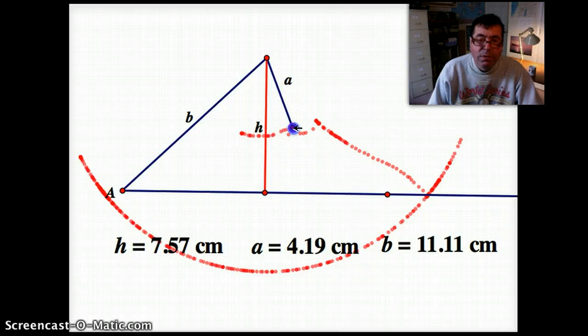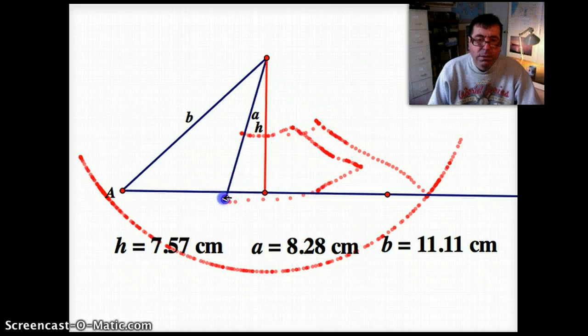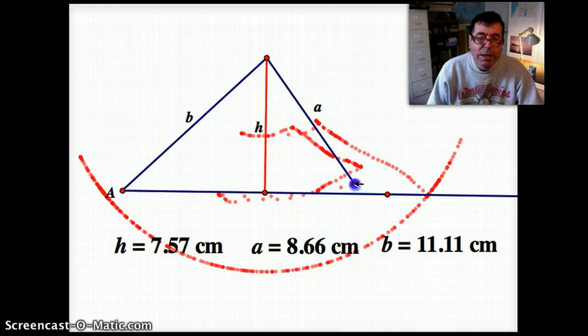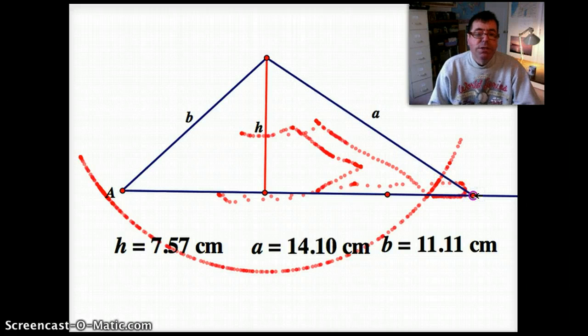Whenever a is between h and b, I have two triangles, like here and here. And when a is greater than or equal to b, I'm going to have this one triangle over here. I hope that makes sense.